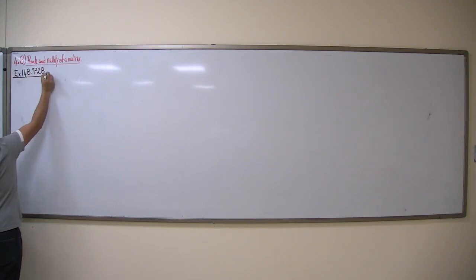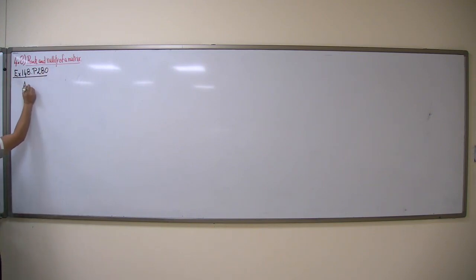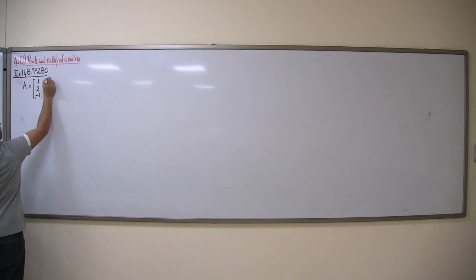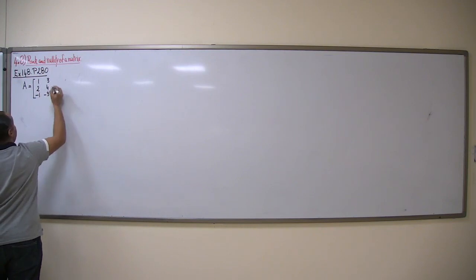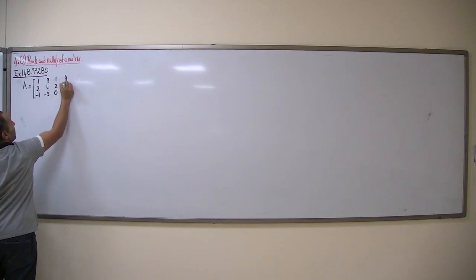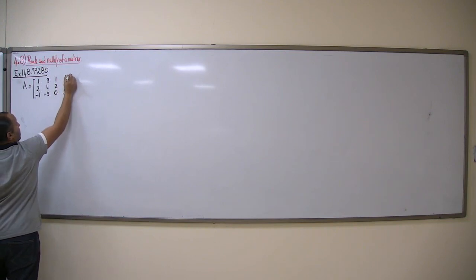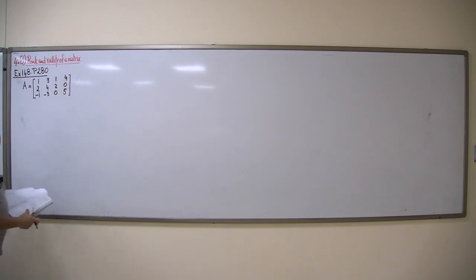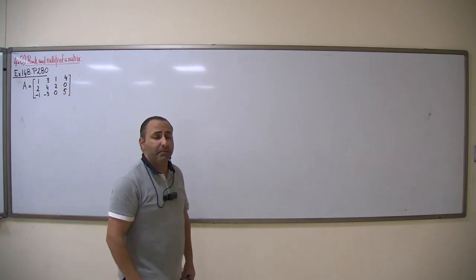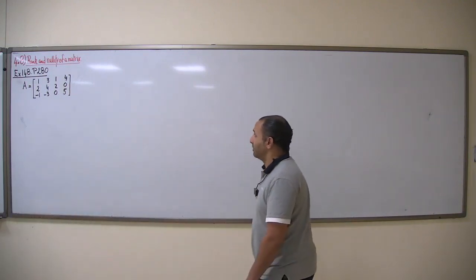So we have a matrix A that is 3 by 4, so 1, 2, minus 1, 3, 4, minus 3, and 1, 2, 0, 4, 0, 5. I'm going to find the basis for the row space, the basis for the column space, and the basis for the null space of this matrix.